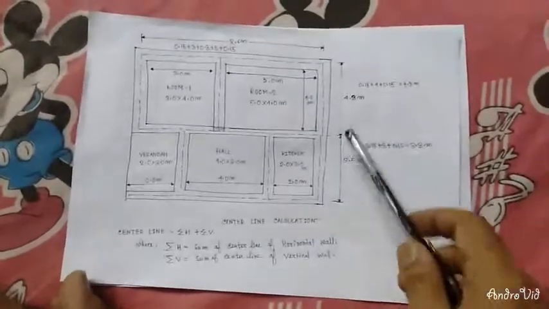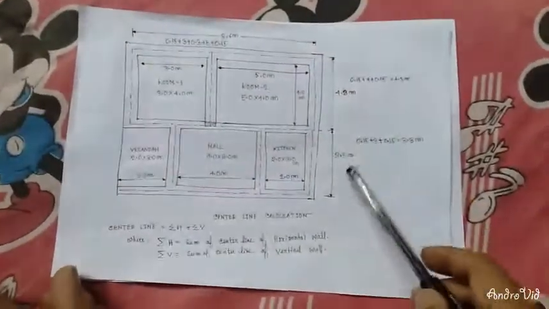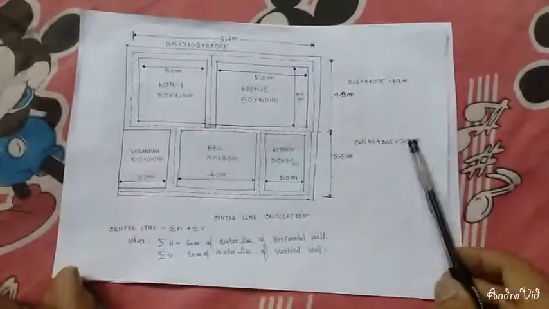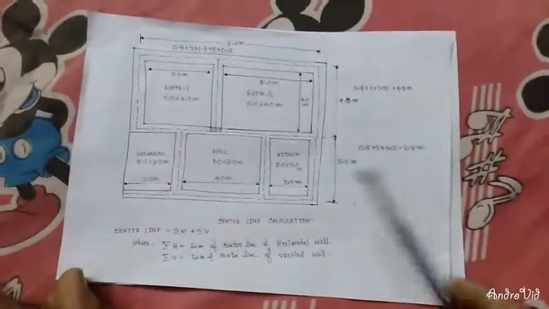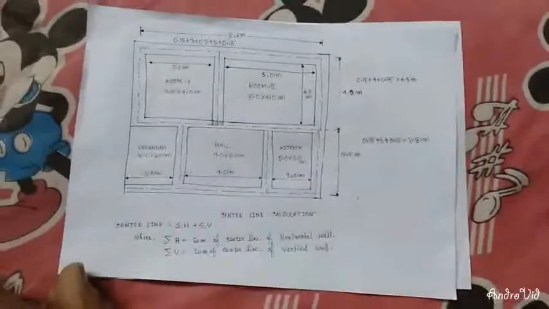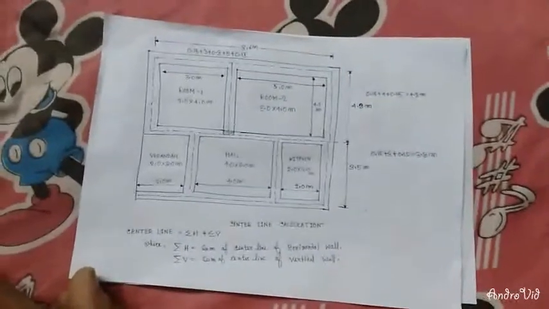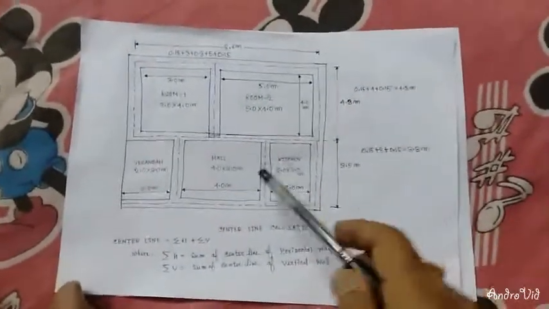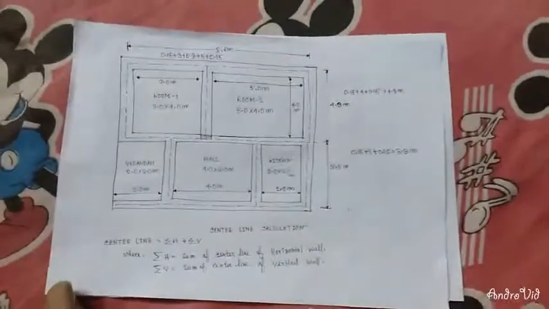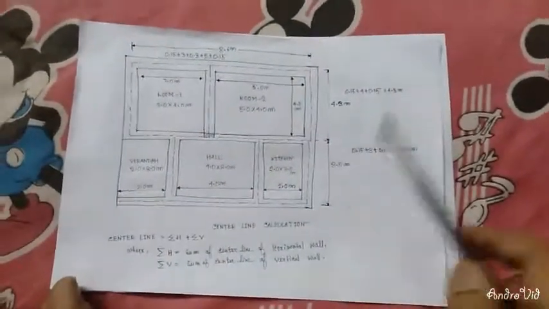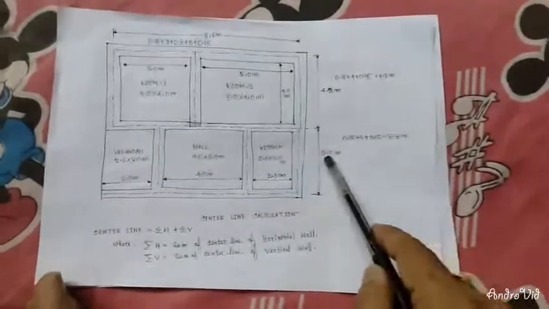So the length of the vertical wall on this side is 0.15 plus 3 plus 0.15, and that is 3.3. So here we have 4 vertical walls for the second part of our calculation. So the summation of vertical walls for the second part is 4 into 3.3.